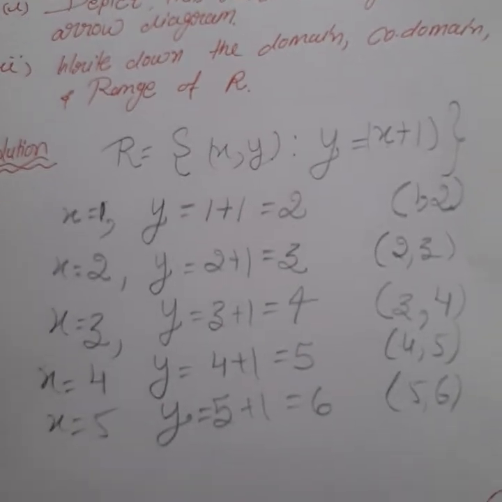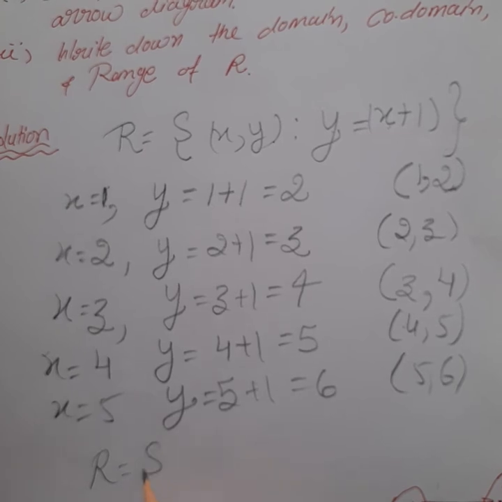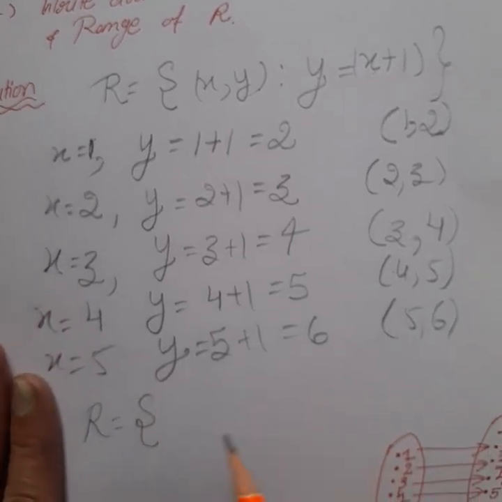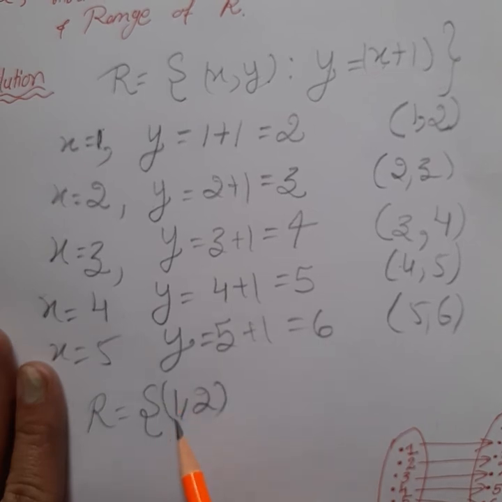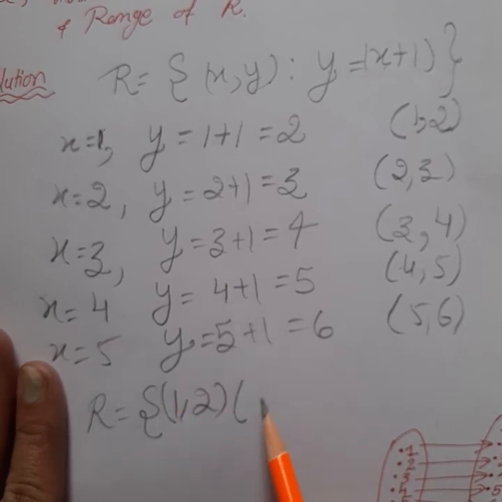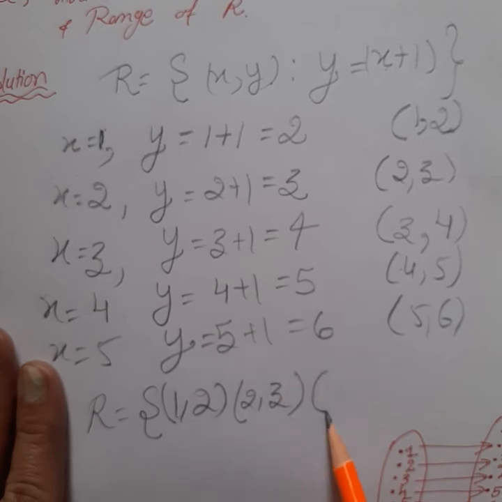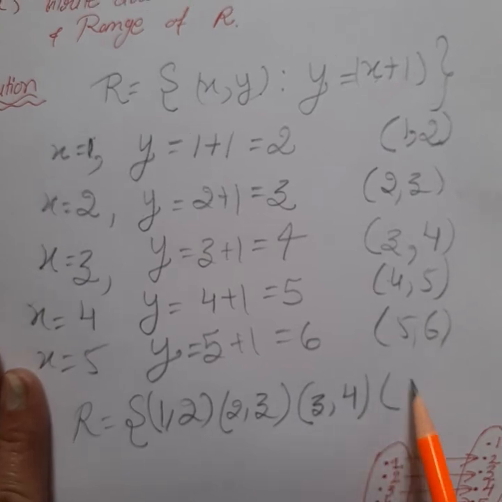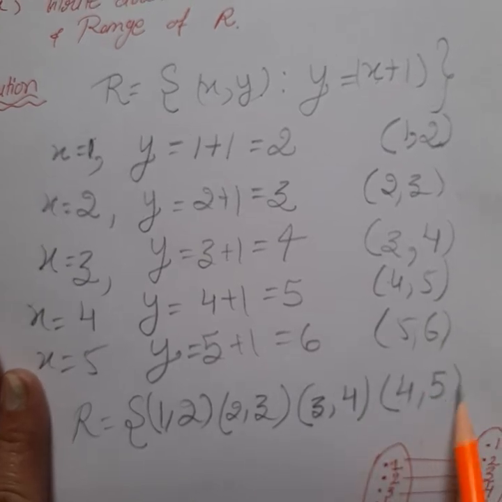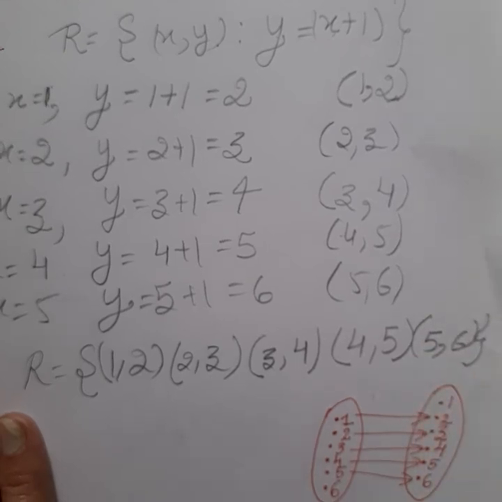So at this step we stop, and the relation is derived as R = {(1, 2), (2, 3), (3, 4), (4, 5), (5, 6)}.